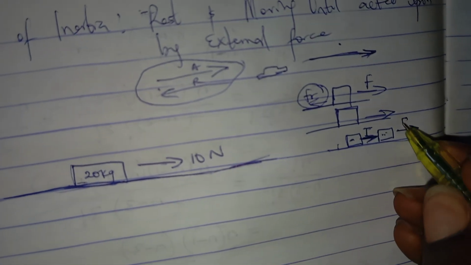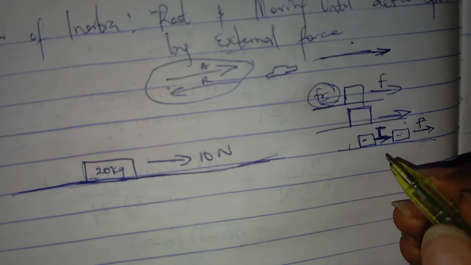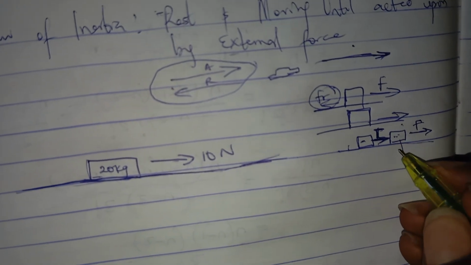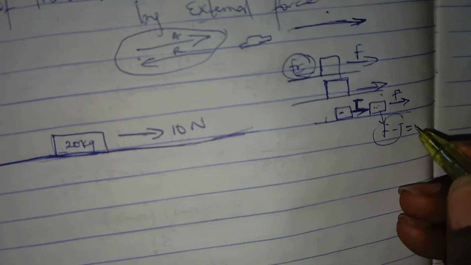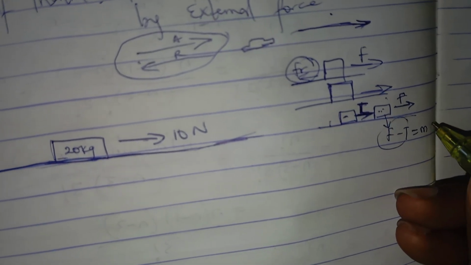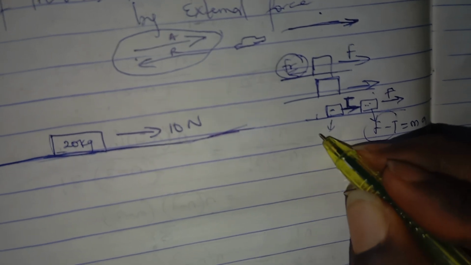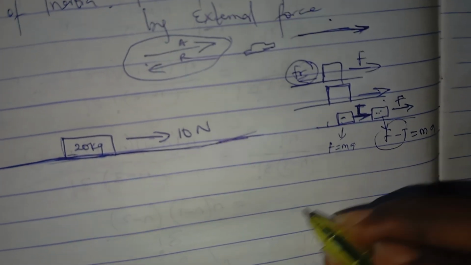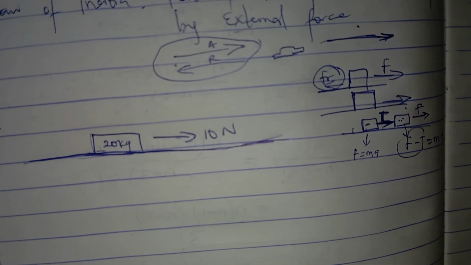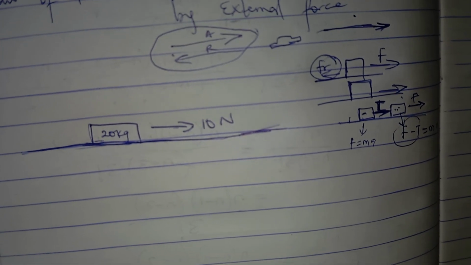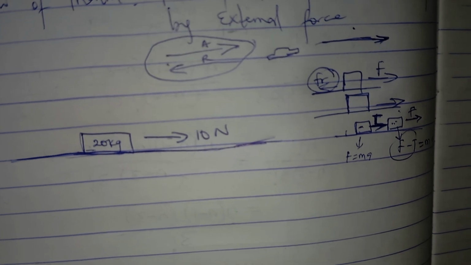So for the second body, it will be F minus T. All the forces of a system equal the mass of the system times the acceleration. For the single body, it will just be F equals ma. So this is the dynamics of a body on a horizontal floor, or observing horizontal acceleration.